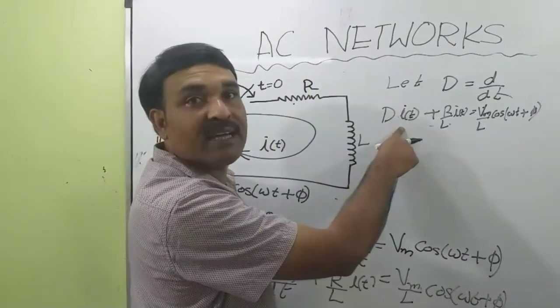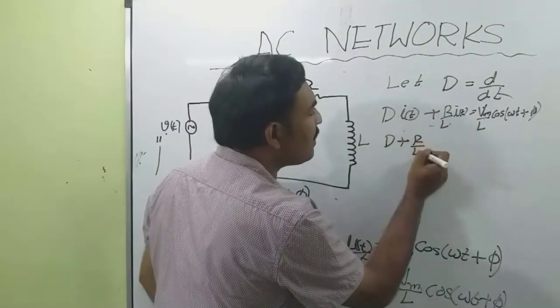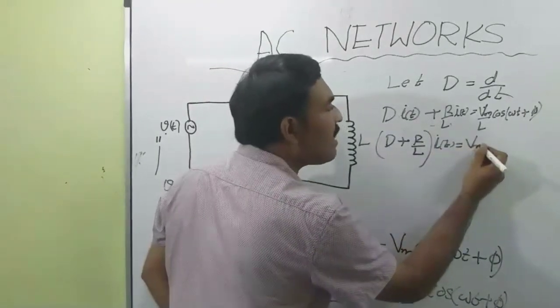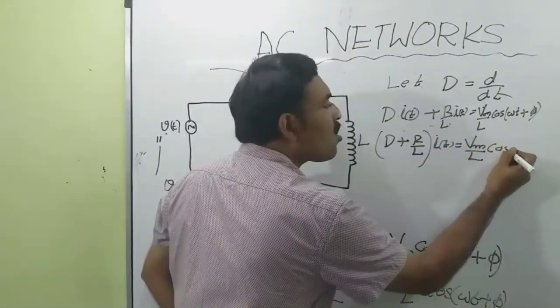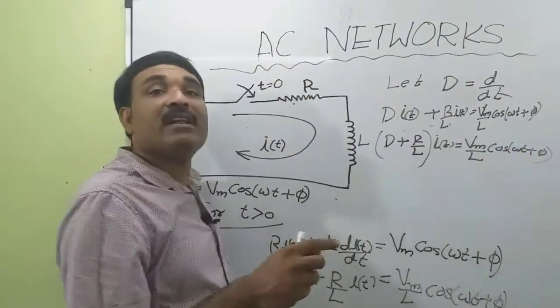You can take I of t common outside. So D plus R by L, I of t, is equal to Vm by L cos(omega t plus phi). By solving this we will get I of t.